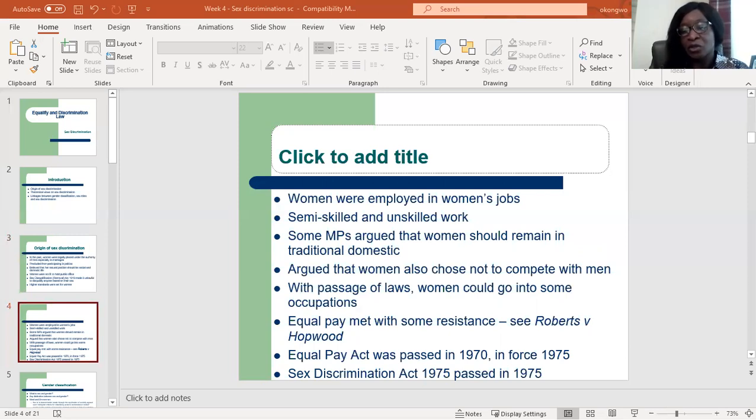But during the debate in Parliament, trying to have these laws passed, some MPs argued that women should remain in traditional domestic roles, such as in the food industries, clothing or nursing, because it was believed that they were incapable of carrying out functions in industries where you find men, for instance engineering industries.